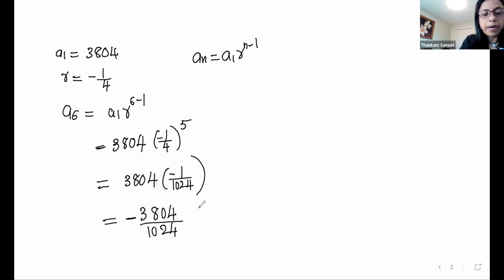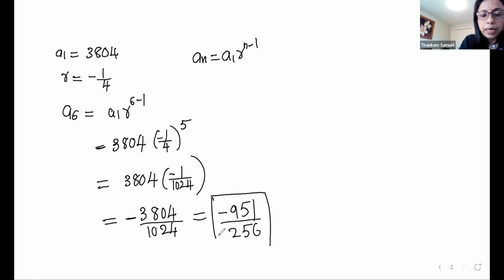When we simplify this fraction, we can divide both numerator and denominator by 4. We'll get negative 951 over 256. That is the sixth term.